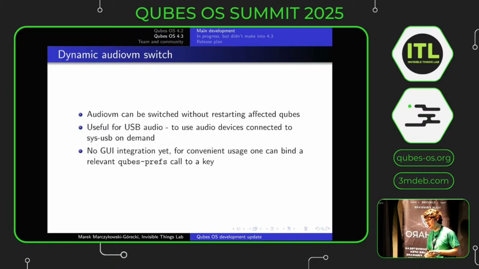Dynamic audio VM switch. So this is a lot of work for a very special use case. Apparently, there are people that use audio over USB, or maybe even Bluetooth. I don't know why, but there are. So to use that on Qubes, you need to set the audio VM to be sys-usb, basically, or a separate qube with your audio devices connected.